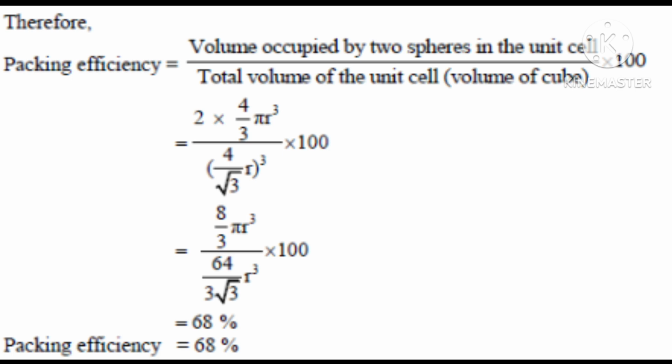One diagonal is considered as the hypotenuse and the other diagonal you consider as the base. Then you have to know both diagonal lengths. One diagonal length you have already calculated. Its value is 4r.